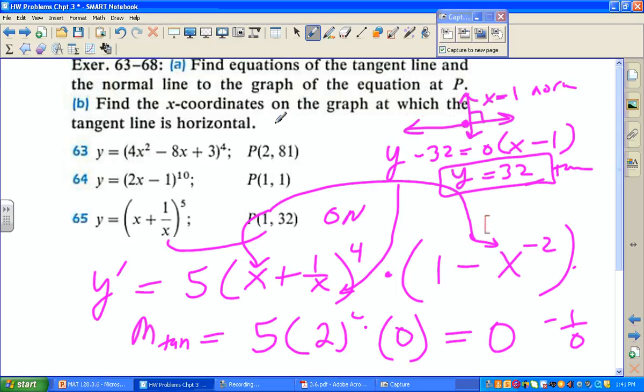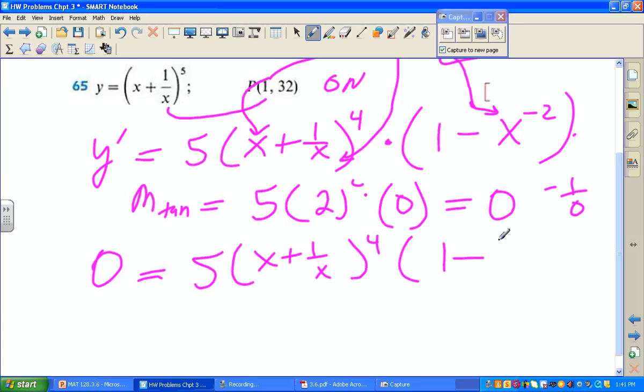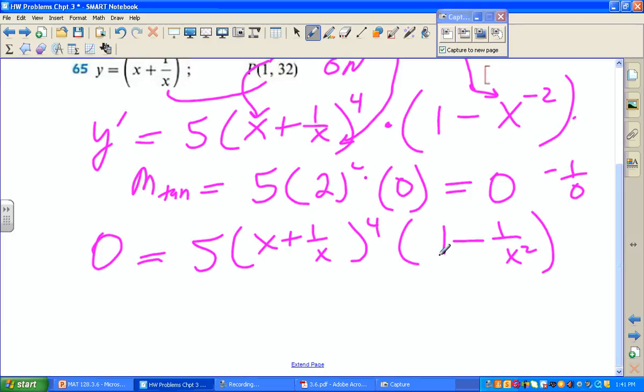Find all the x coordinates on the tangent line where the tangent line is horizontal. That's all of them. It's not? You said this equals 0 and solve? Oh, I said equal to this. 5 times x plus 1 over x to the 4th, 1 minus 1 over x squared. Solve that to equal 0. x plus 1 over x equals 0.